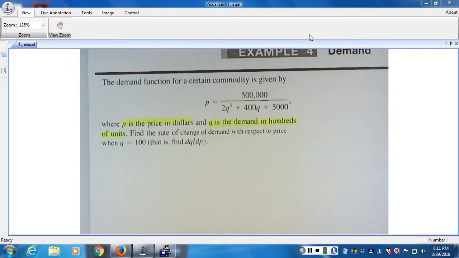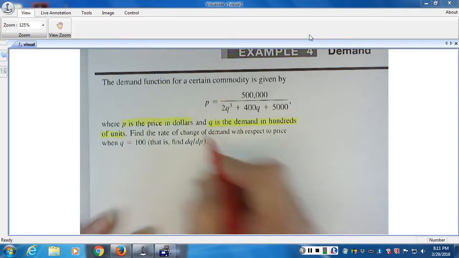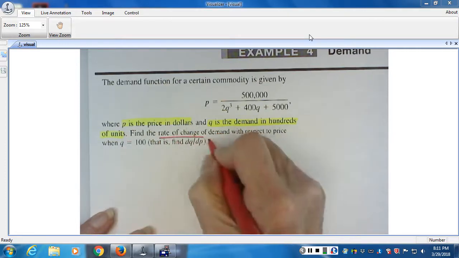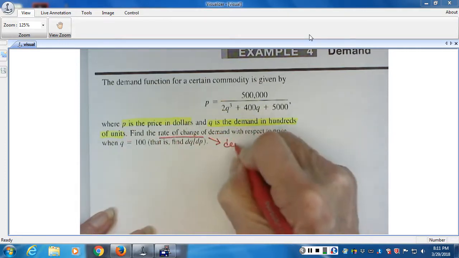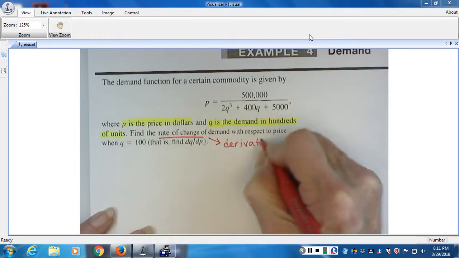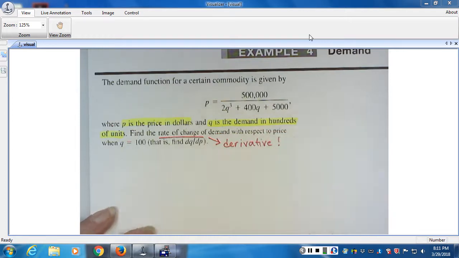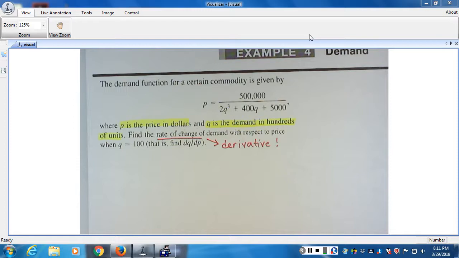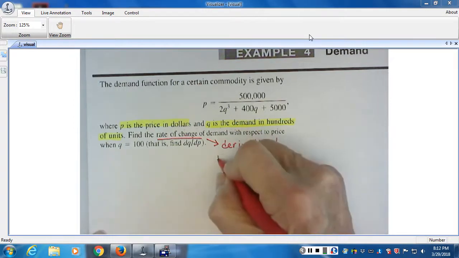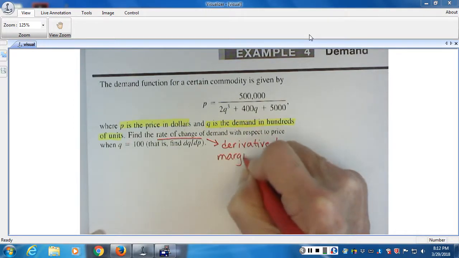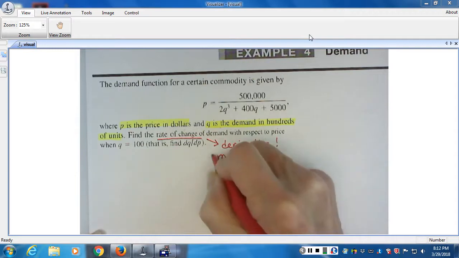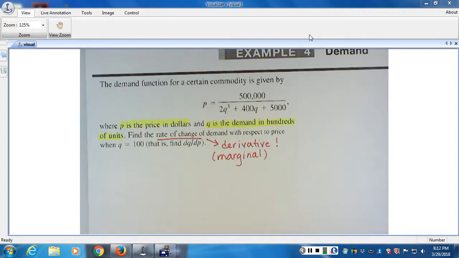And what they want us to find is the rate of change, which is the derivative, which also can be indicated by finding the marginal demand with respect to price when Q is equal to 100.